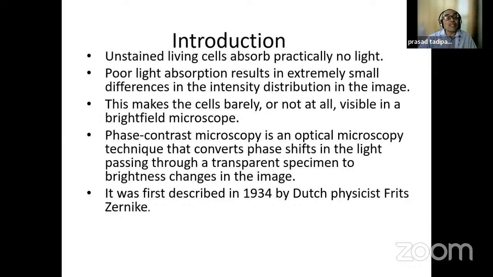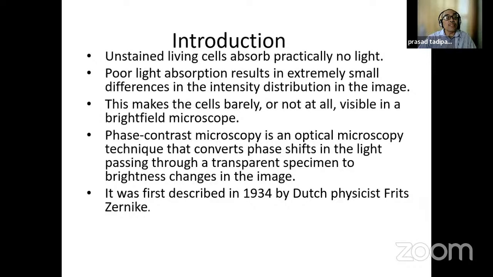So whatever light is passing through transparent cells, it is very difficult to distinguish. And another thing: once you stain the cell, it ceases to be a living one, because we are adding an external substance. So the cells are barely or not at all visible in bright field microscopy. That is the problem with the bright field microscope.